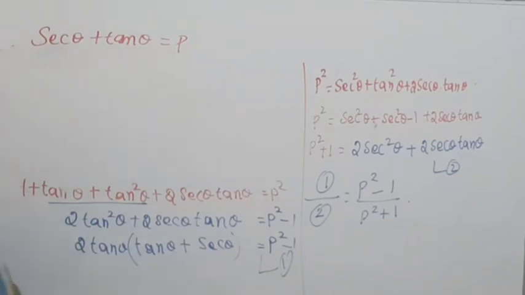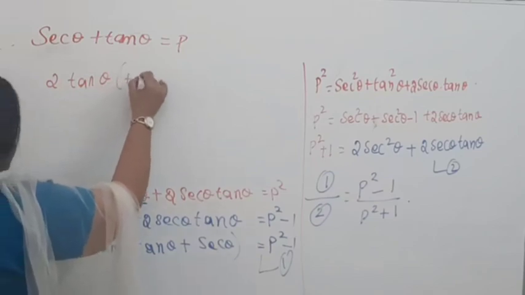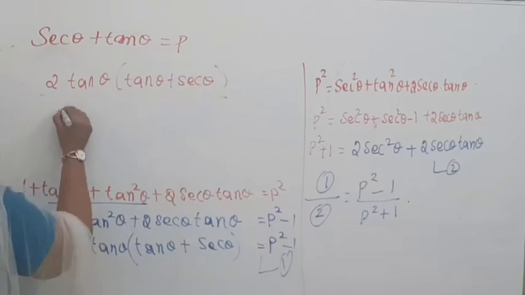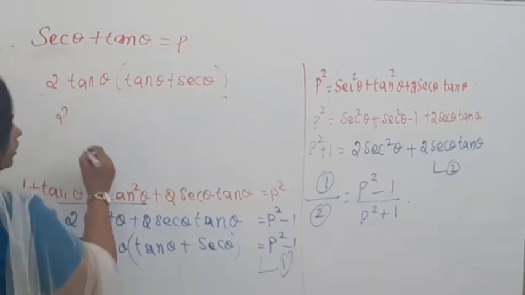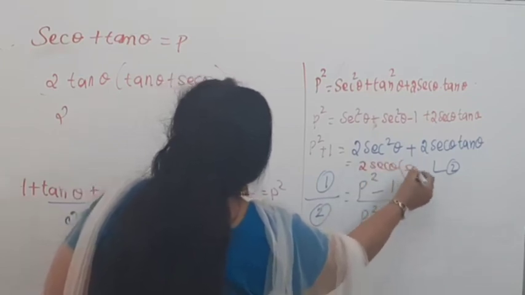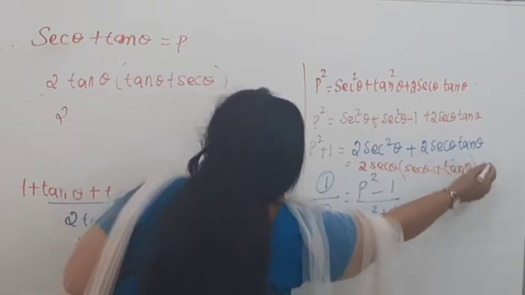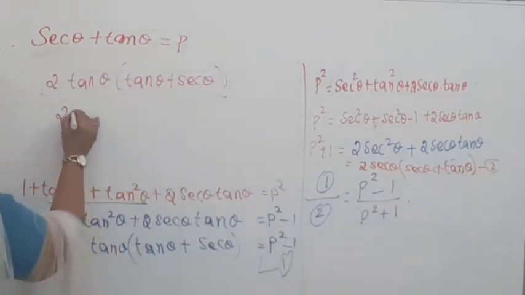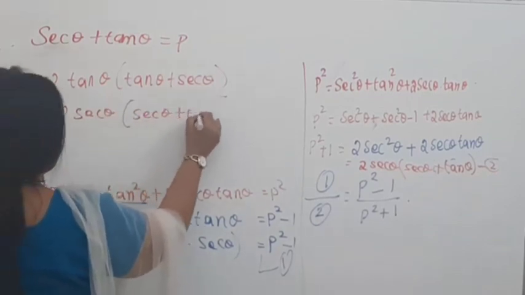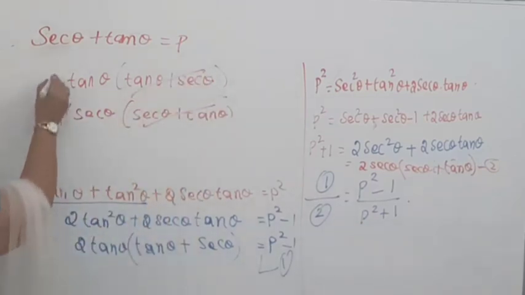P square minus 1 is equal to 2 tan theta into tan theta plus sec theta, divided by 2 sec theta. You can take out sec theta here, children. So 2 sec theta can be taken out, and you are left with sec theta plus tan theta. That is my second equation. So both mean the same, just the order is changed. So this also gets cancelled.